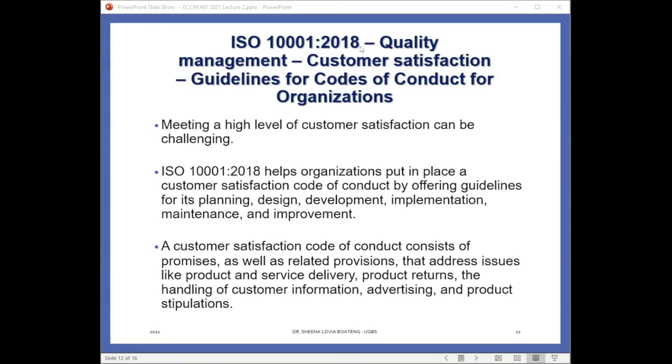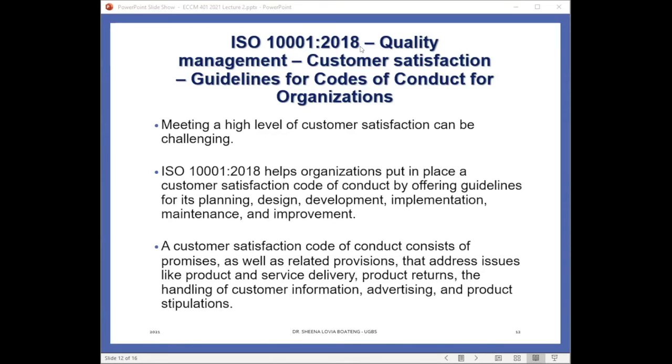So the ISO 10,001 2018 helps organizations to put in place a customer satisfaction code of conduct by offering guidelines for the planning of customer satisfaction processes, the design, development, implementation, maintenance, and improvement of customer satisfaction.